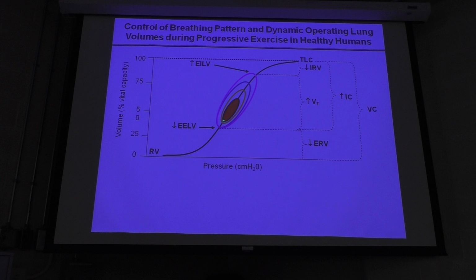So it would be higher by the amount to which the normal response would obviously cause a deflation. In other words, if you did not have the reduction in end expiratory lung volume, but you had the same tidal volume expansion, this end expiratory lung volume would actually be positioned right up here, which is not advantageous.